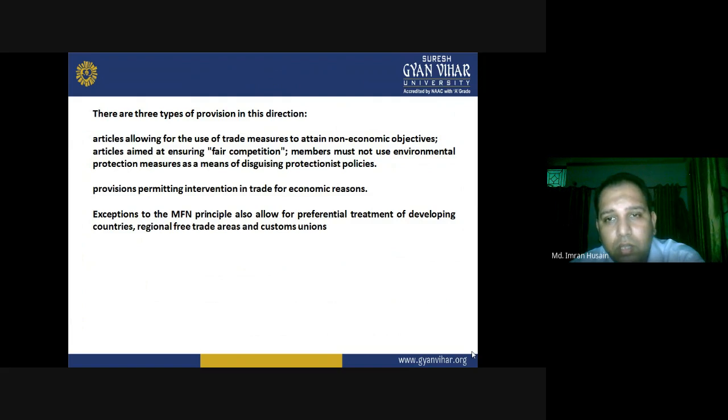Members must not use environmental protection measures as a means of disguising protectionist policies. Provisions permitting interventions in trade for economic areas or economic regions. Exceptions to the MFN principle also allow for preferential treatment of developing countries, regional trade, free trade areas, and customs unions.